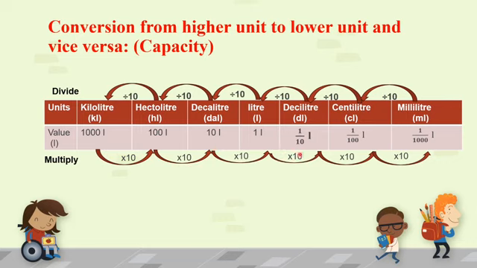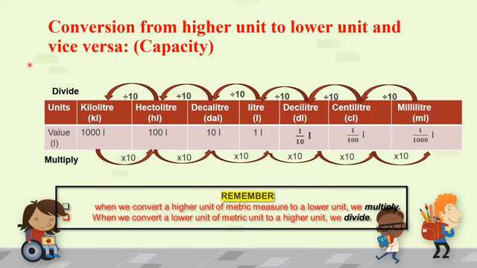So every time it is becoming 10 times smaller. And as we are moving from right to left, it is becoming 10 times bigger. So from lower to higher unit we divide, and from higher to lower unit we multiply.